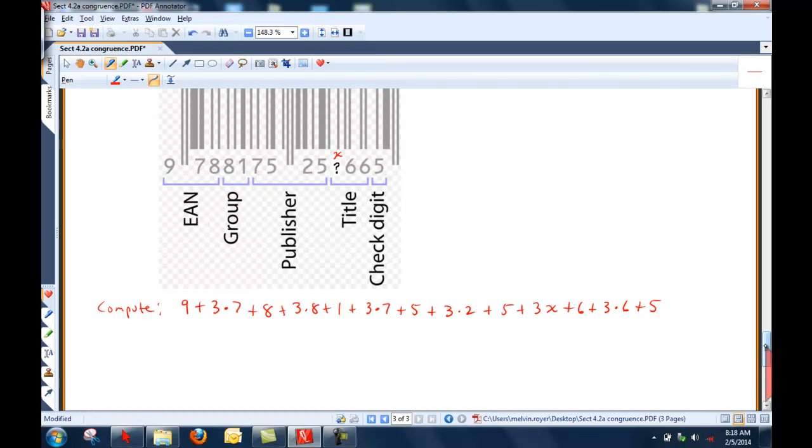The ISBN is valid if x is a base 10 digit, so that this is congruent to 0 mod 10. Let's go ahead and work out what this is.